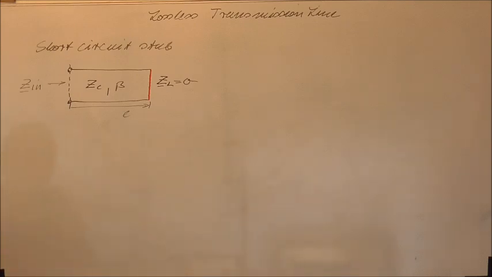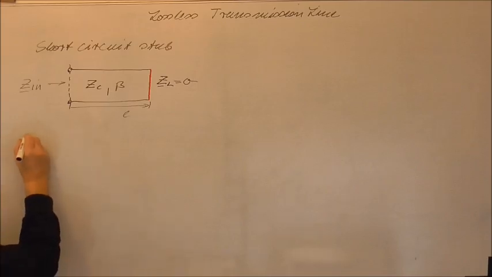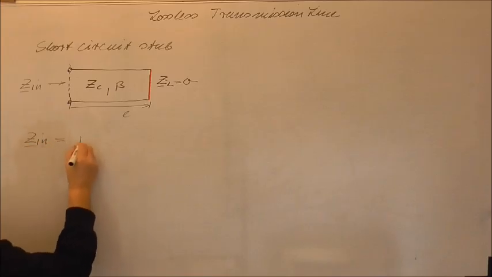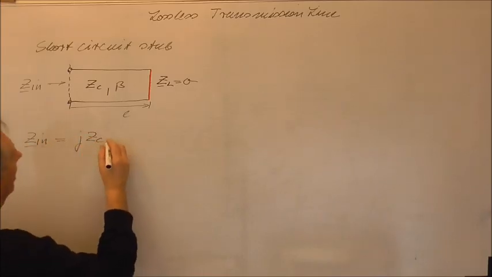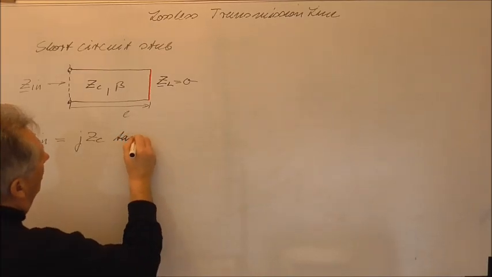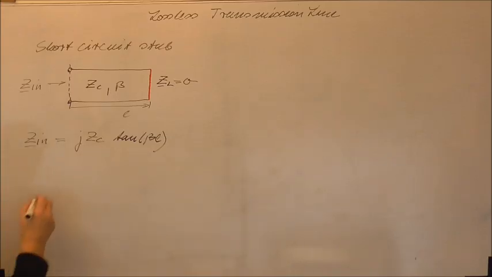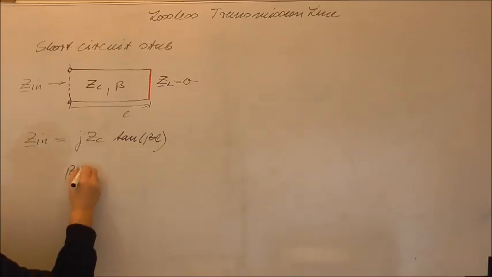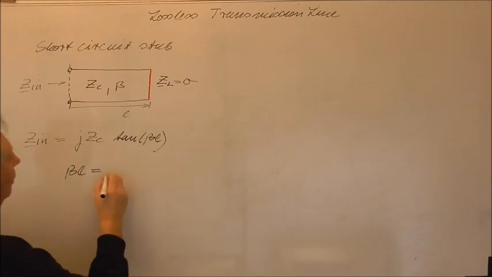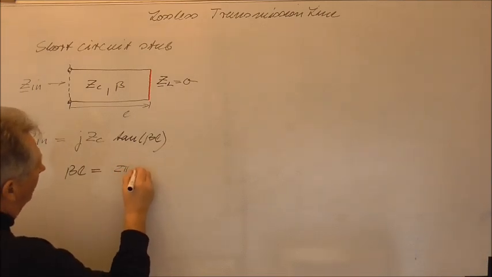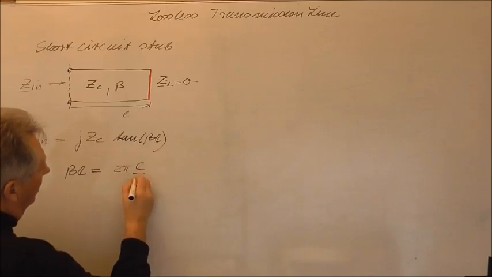And if we change our formula for the impedance transformation, we will find that the input impedance in this case is given by j Z_C tan(βL). Of course, βL will be equal to 2π times L over λ.